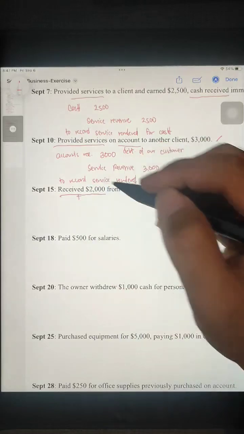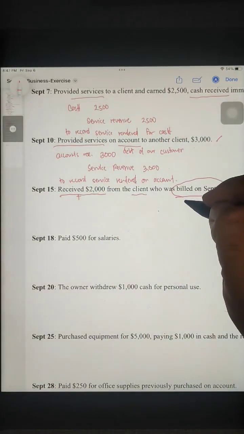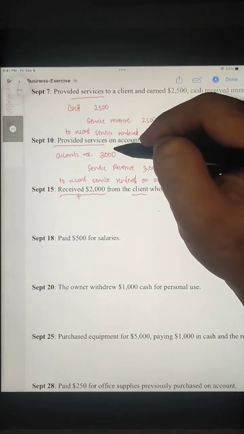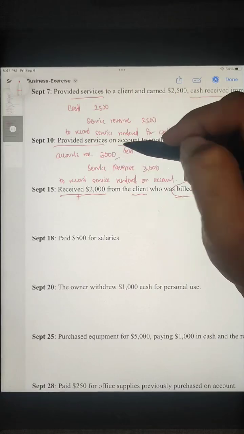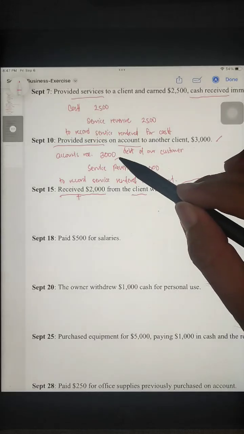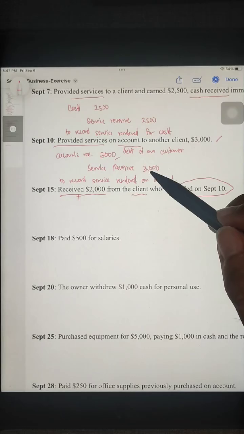So cash was increased and then our accounts receivable, our collectible, have decreased. Initially, meron tayong accounts receivable na 3,000 pesos and since nakakolekta na tayo ng bayad, we have to reduce the accounts receivable by 2,000 pesos.